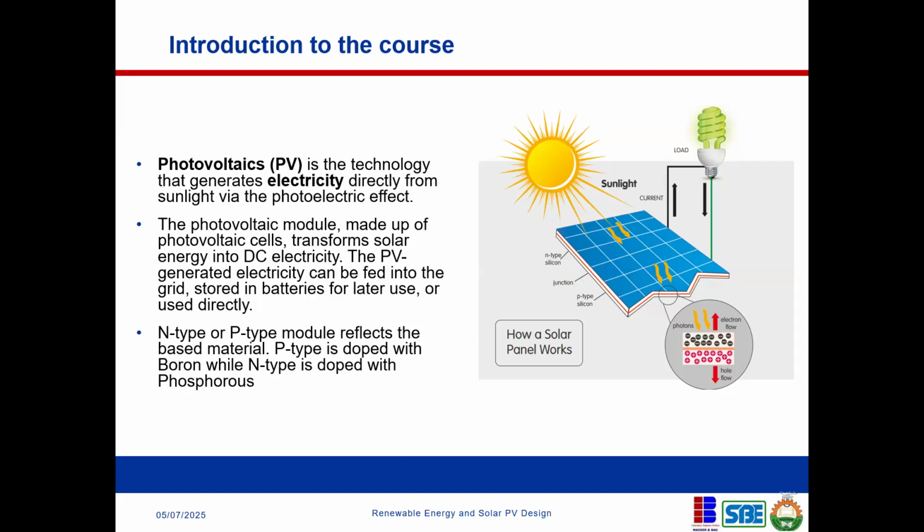Because it generates a DC current, there is need for conversion into an AC current, and that's where the inverter comes in. As we proceed, we are going to look at different components: the modules, the inverter, the charge controller. But for now, just bear in mind that the electricity generated from a PV module is DC, and it will need an inverter to transform it to an AC current.